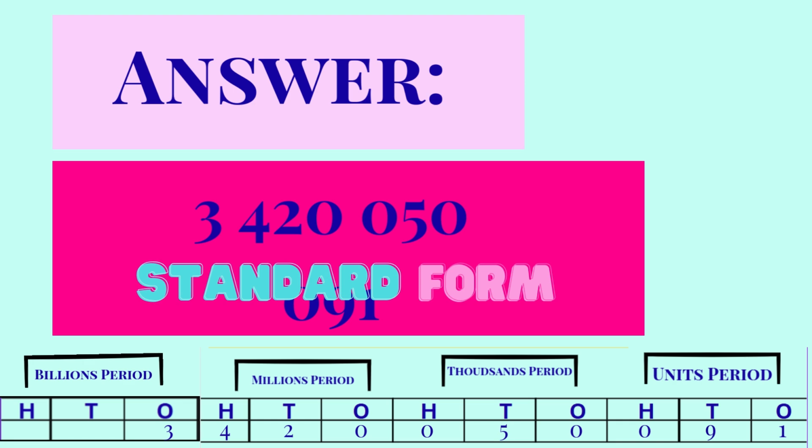When we combine all of these numbers, we would have 3,420,050,091. Notice the zeros that hold the place values where no digits were mentioned.